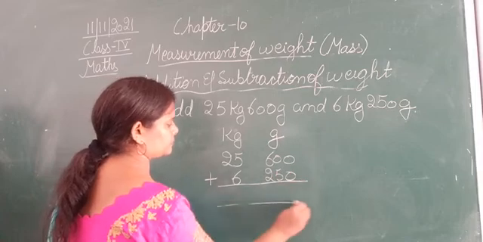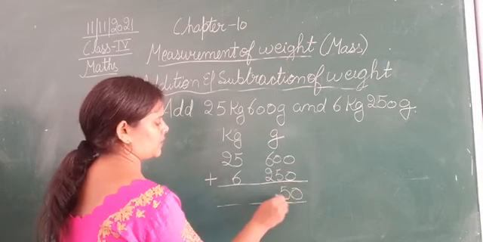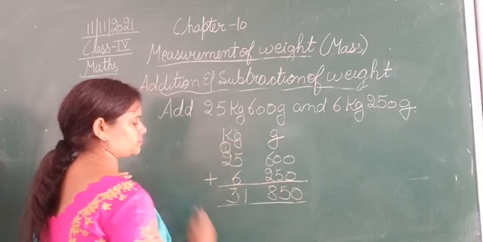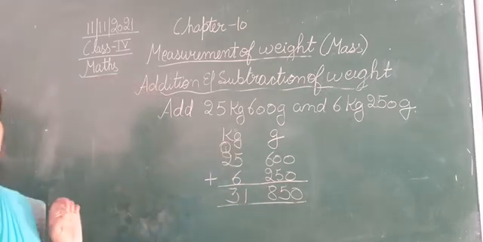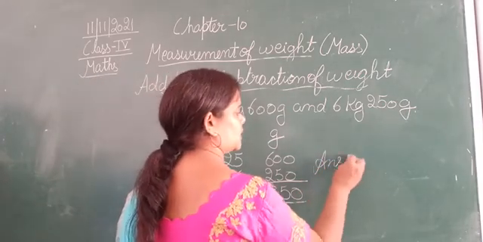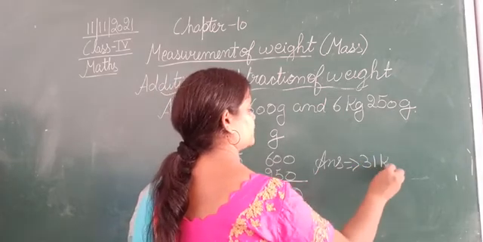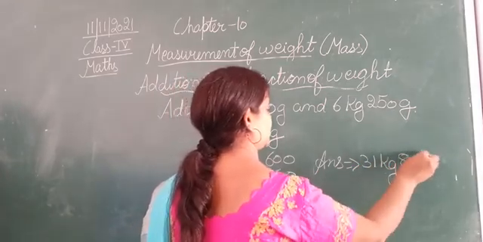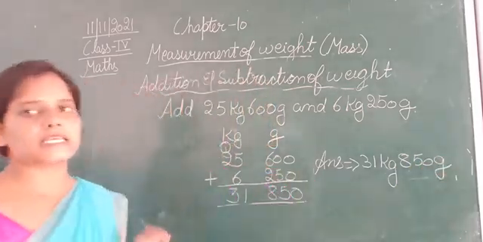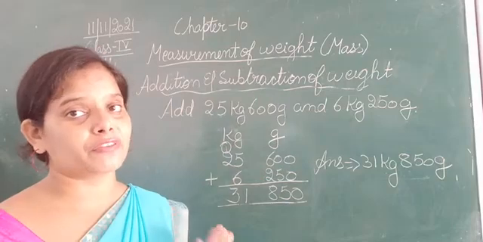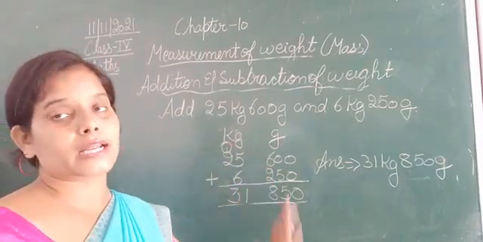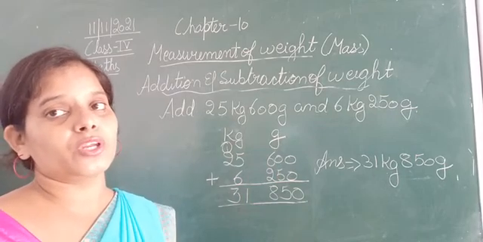Now add them. 0, 5, 8, 11, 3. So the answer is 31 kg and 850 grams. This is 31 kg 850 grams. As you can see, I have added the similar units, kg with kg and grams with grams. So this is how we are going to add.